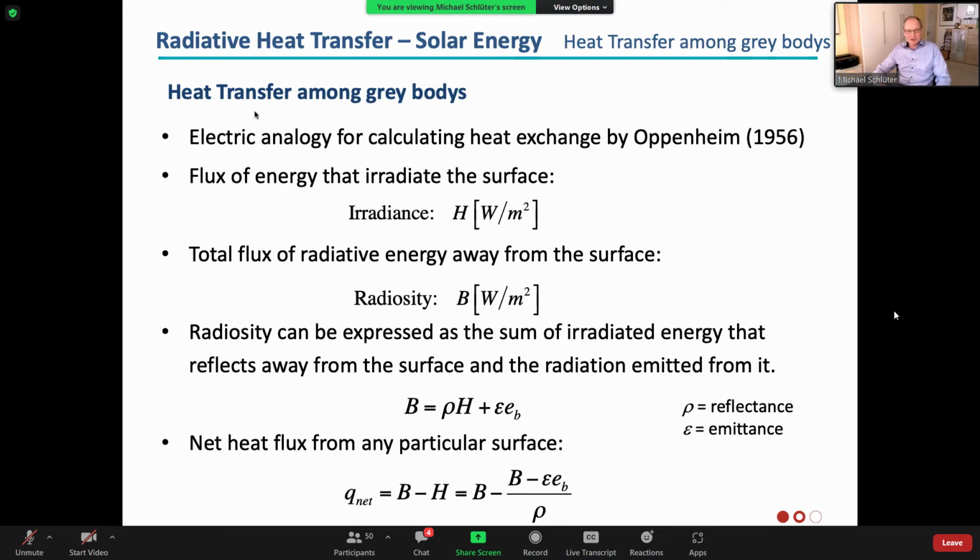And what we will use here to do this complicated calculation is the electric analogy for calculating heat exchange. Electric analogy means nothing more than we use Ohm's law at the end. Ohm's law, you remember the resistance is the potential divided by the current, and then we can add different resistances by calculating 1 divided by the resistance plus 1 divided by the resistance.